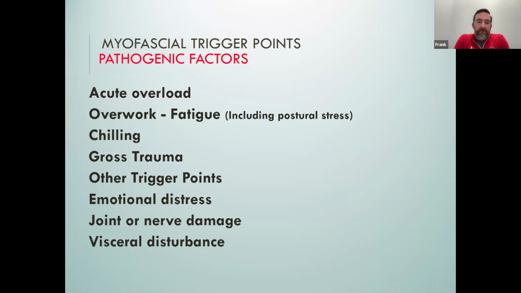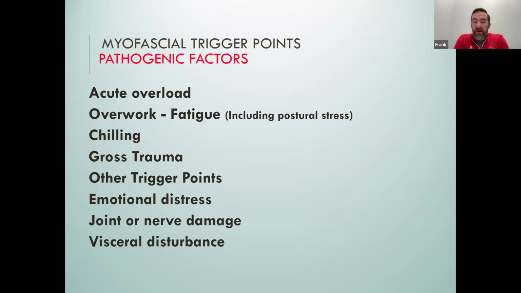It's a little tough sometimes to figure out chicken and egg, but I think a lot of times there's this gross trauma, a partial tear of your lower gastroc or your medial gastroc head, and all of a sudden the nervous system has this big input and causes some of these bands to tighten up.